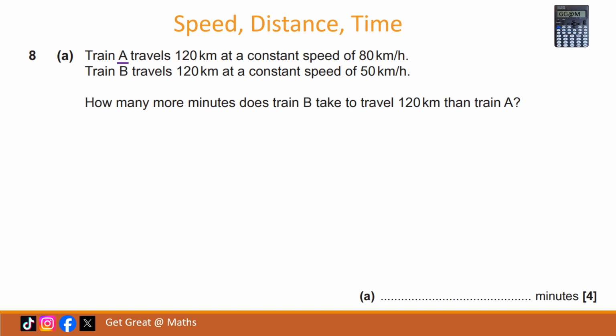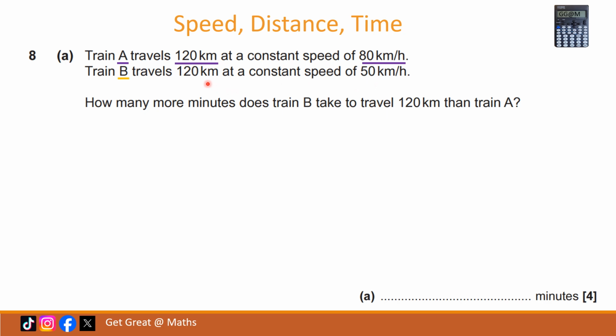So to start with, we've got train A, 120 kilometres. We've got a speed of 80 kilometres per hour. Now note the units here are consistent. This is kilometres and this is kilometres per hour. Similarly on the next one here, our units are consistent.